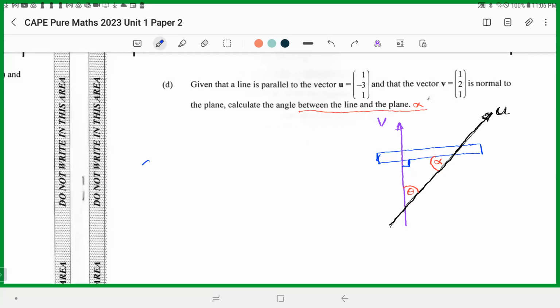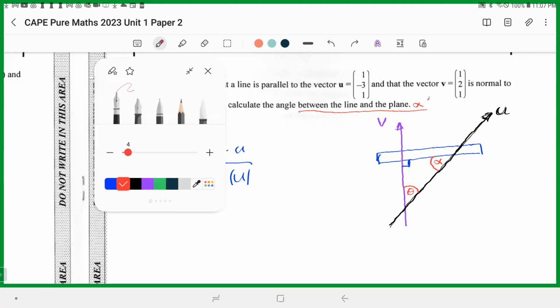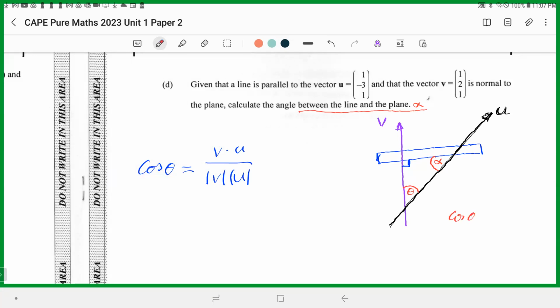The cos of theta will be equal to the scalar product over the modulus product. It will be equal to v dot u over the modulus of v times the modulus of u. The cos of theta is the sine of alpha, because they are complementary angles. The cos of theta will always be equal to the sine of alpha.